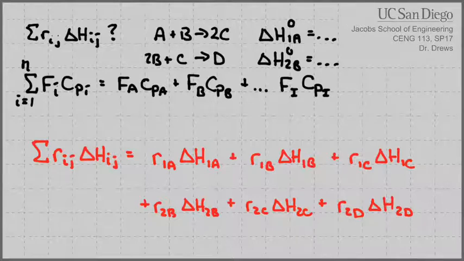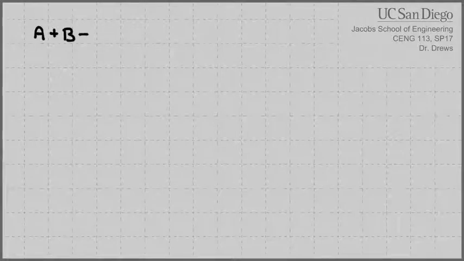So I'm going to focus on one of these reactions. I'm going to focus on the one on the top, just this one. And we're going to look at a molecular point of view for what's happening inside of here. So we're going to have the reaction A plus B goes to 2C.